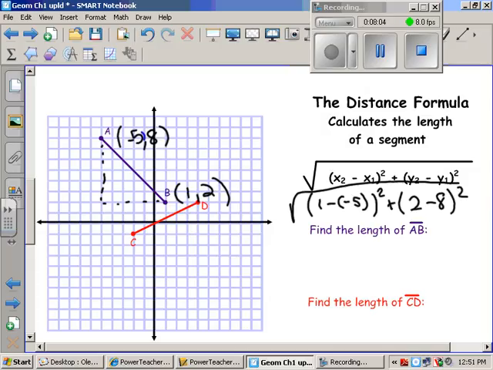So 1 minus -5 is the same as 1 plus 5, which is 6.